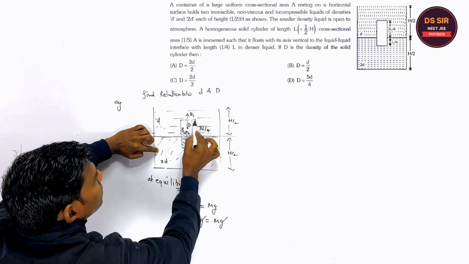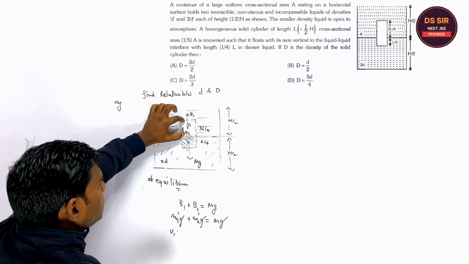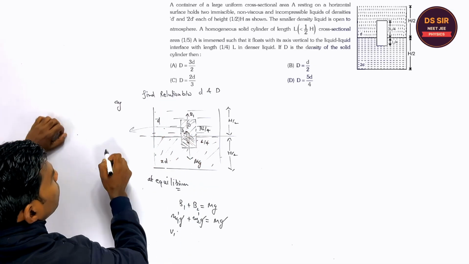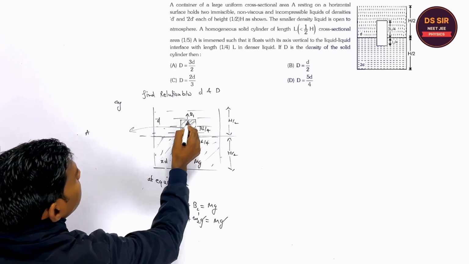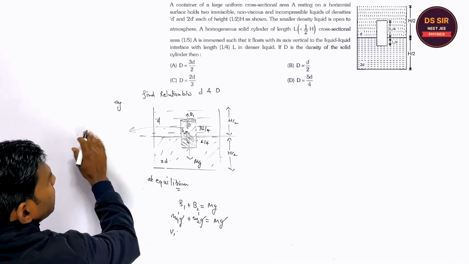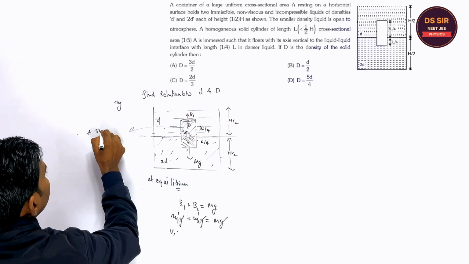This is the portion, this liquid is displaced. What is the volume of this portion? You tell first of all. The volume is area, right? Suppose the area is A, and what is the length? 3L by 4.